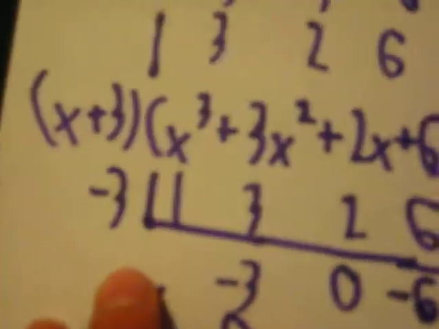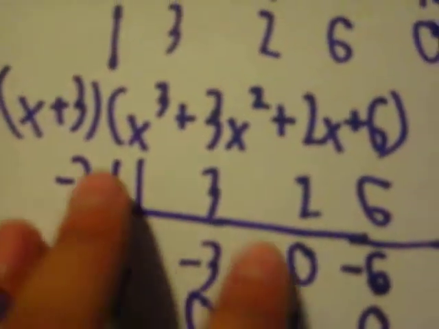Add 0 to 2, multiply 2 by negative 3, you get negative 6, and 0. So if you write that equation out, you will get something like this.